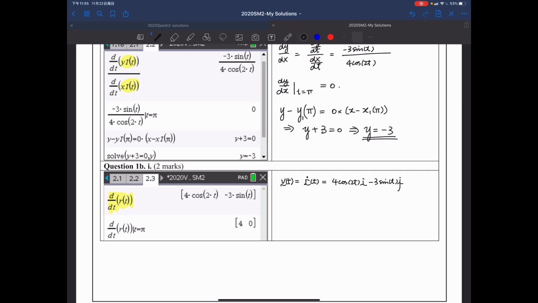And then I want to find the specific velocity by substituting t equals pi, which means I can just write it as 4i plus 0j, or you could omit plus 0j because it doesn't exist. You can just write 4i. Easy.